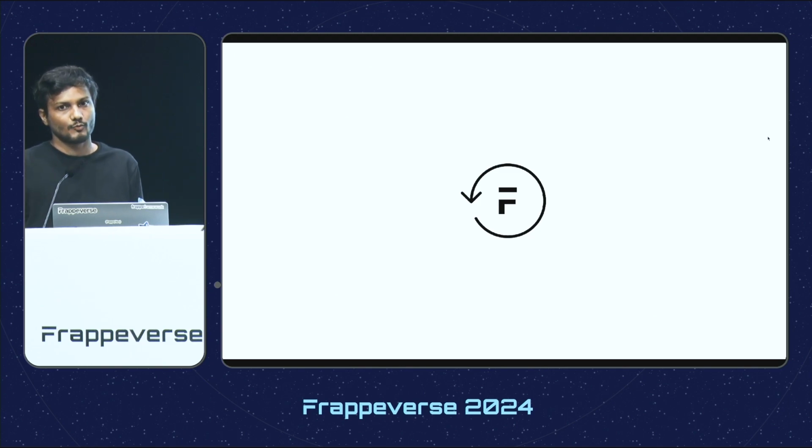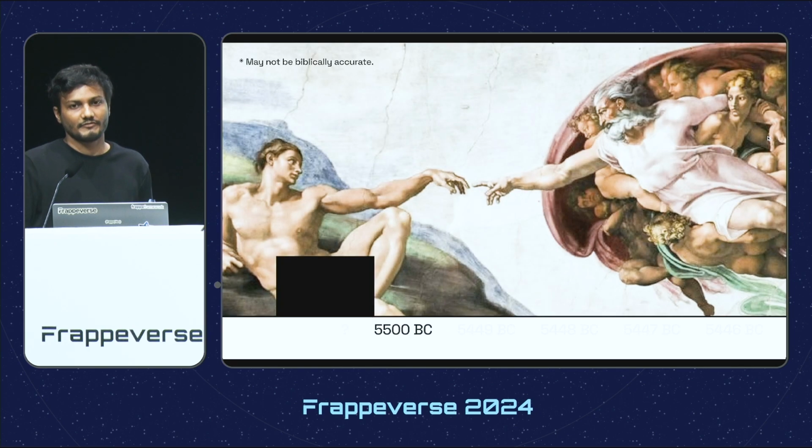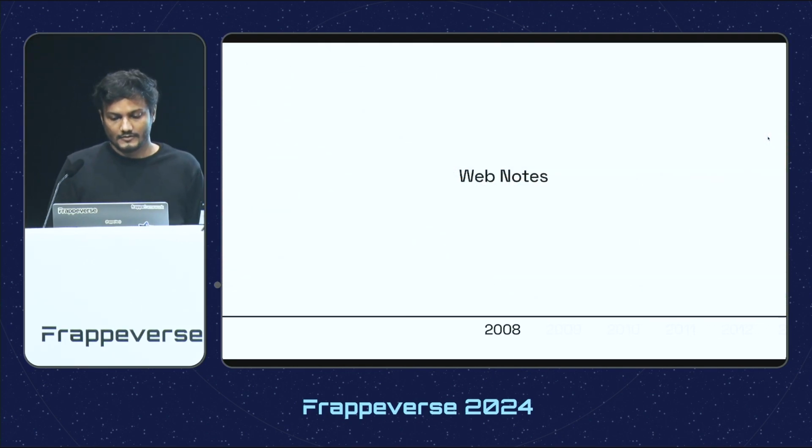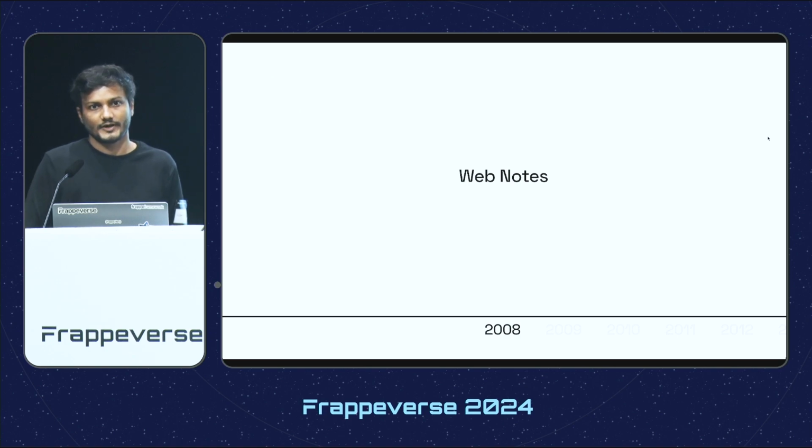And for that, let's go way back in time. Not this far back. I mean, not the creation of man, but the creation of Web Notes. So in 2008, as most of you might know, Frappe as a company was earlier known as Web Notes.